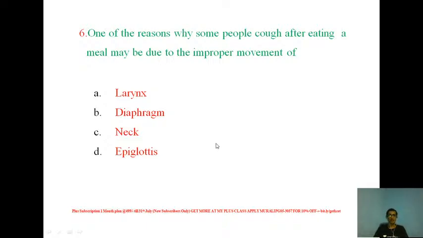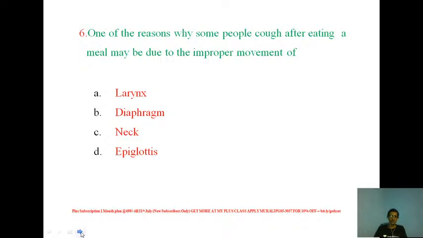So the epiglottis, the guardian of airways, prevents food from entering our trachea. If the epiglottis moves improperly, some amount of food will enter the trachea, and to vacate those unwanted things, coughing will occur. That is an as usual phenomenon.